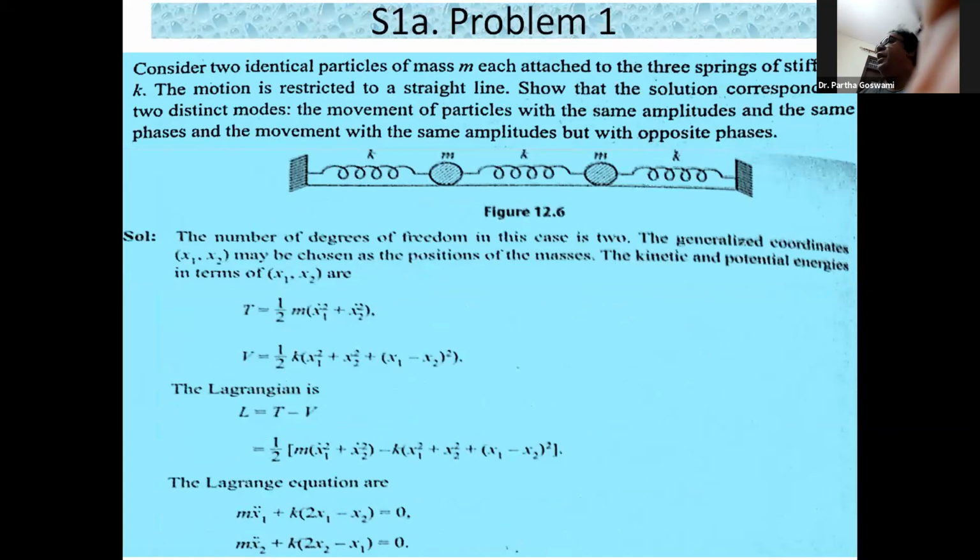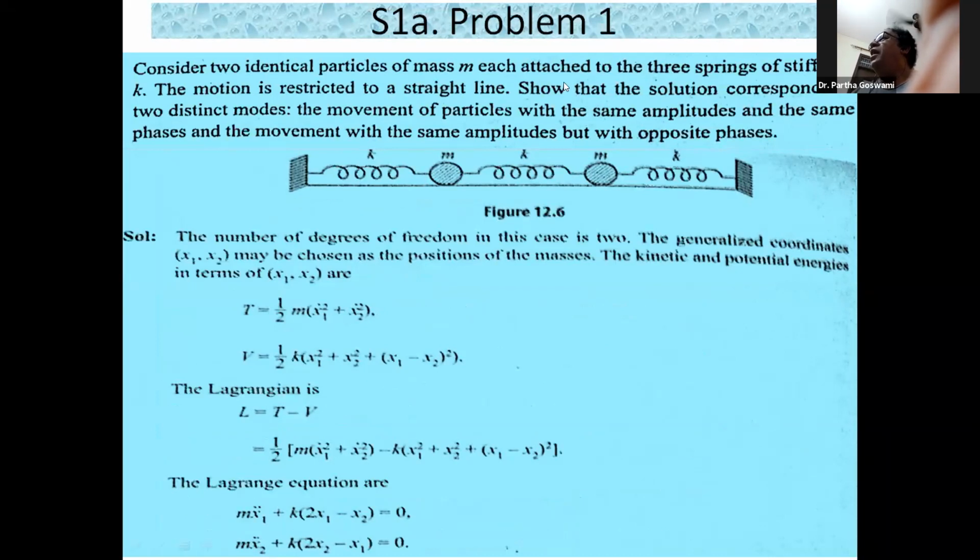So the problem is we have two masses, M, and three springs with spring factor K each. If we give a displacement to the system, oscillation of the system will take place.